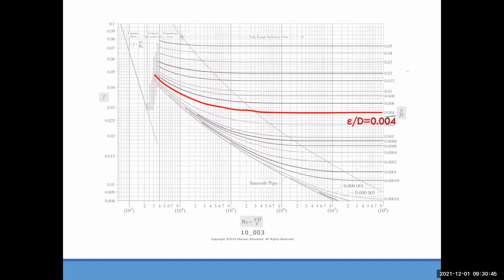Once you are done, the next task is to draw a line for the Reynolds number. What Reynolds number did you get for this problem? 1.63 times 10 to the power 5, right? This is the most common part where you will make mistakes for homework and the test.